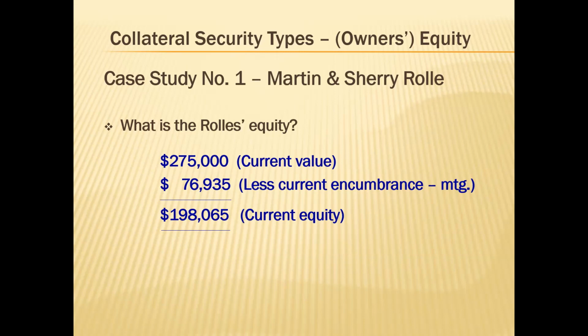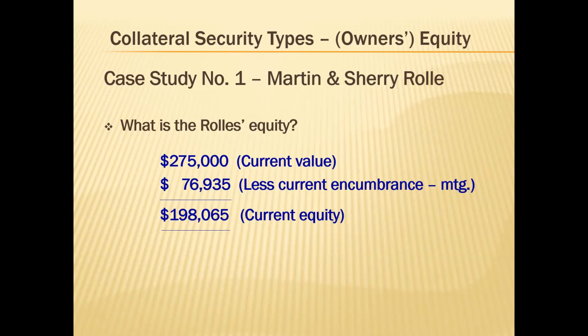We'll look a little bit more into that when we actually look at the appraisals, which is coming up in a moment. So we have the current value of 275 less the encumbrance, which is the mortgage, 76,933, gives them their current equity of 198,000.